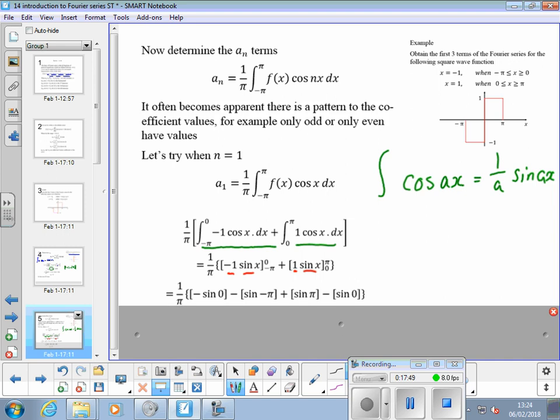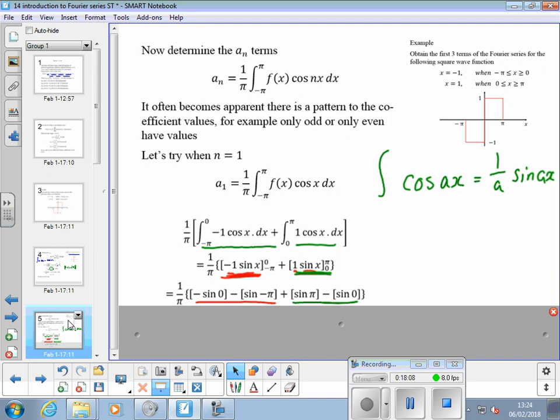So what we've got then is this definite integral of this bit here is that definite integral.